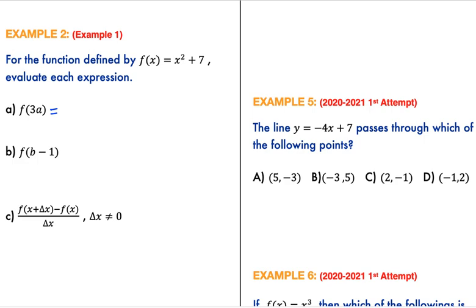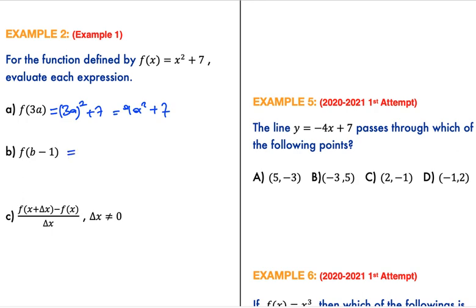So x becomes 3a, f of 3a equals, this x also becomes 3a, and we are raising 3a to the power 2. That power 2 belongs to the whole 3a together, so we should use parentheses, plus 7. 3a squared is 9a squared, plus 7. We can't add them, they're unlike terms, so this is the final answer.